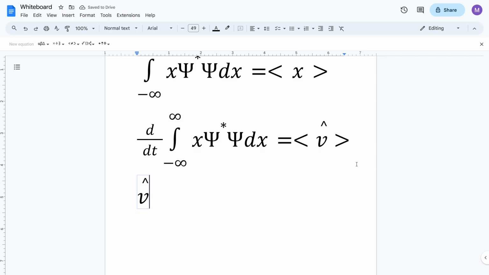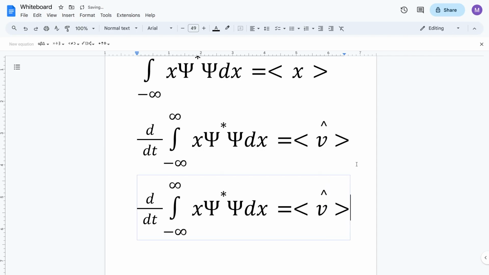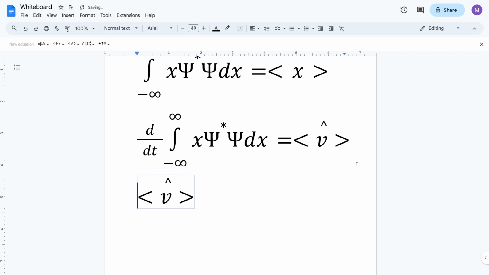Hats are operators. So, for example, if you want to get velocity from something, then you use operators, which look like this v, for example, this operator of the expected. I have heard from some quantum physicists that you're not supposed to use operators with expected, you're supposed to just do it like this.